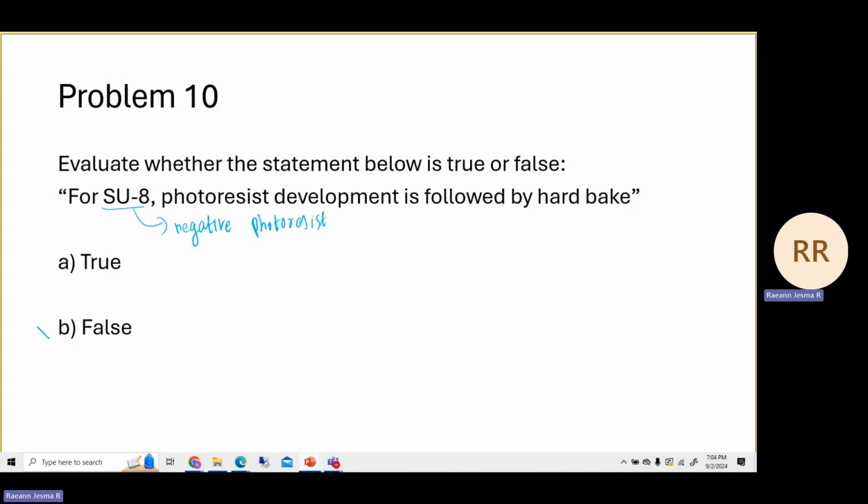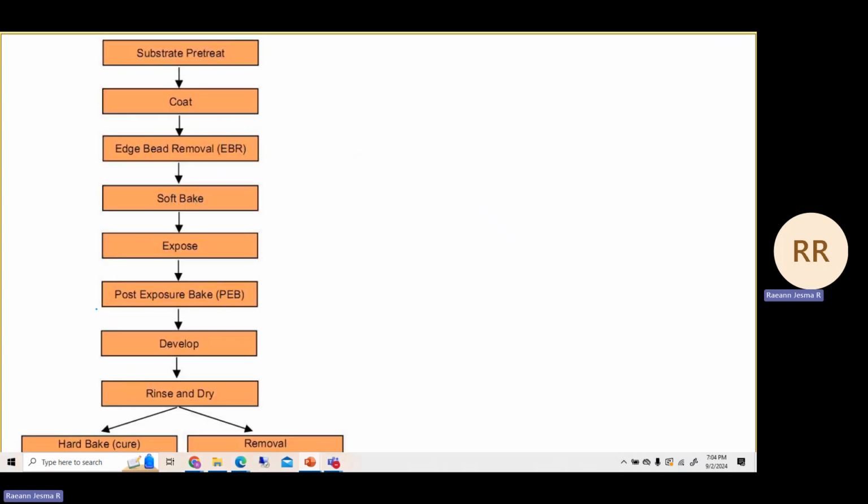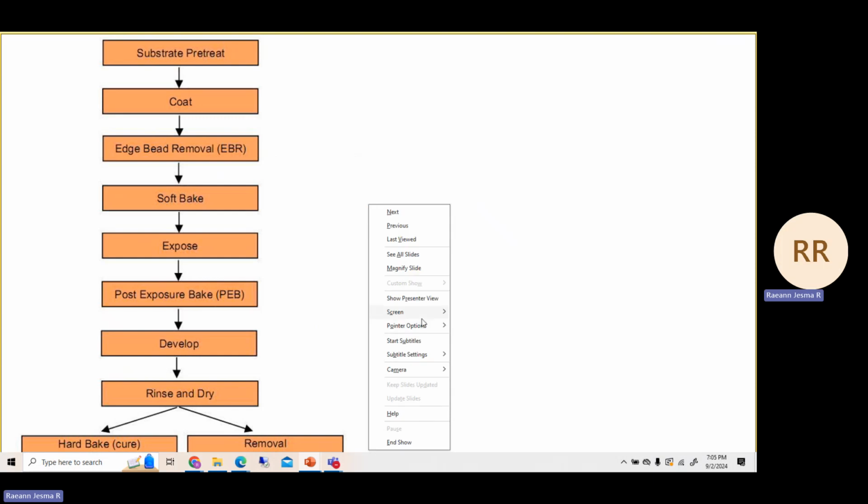So the correct answer is false. Okay. Why is that?